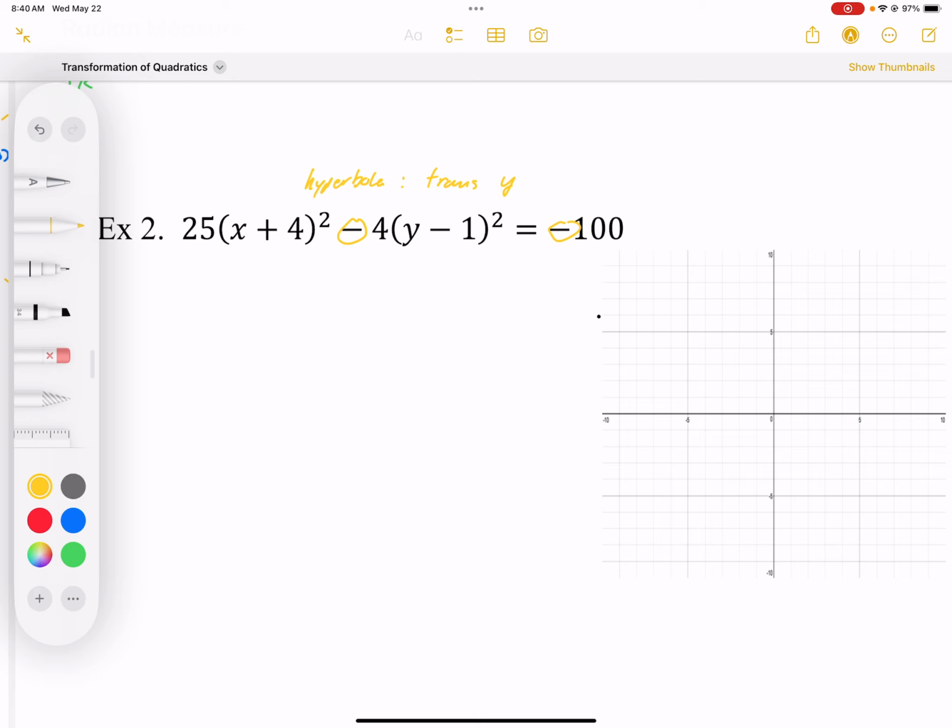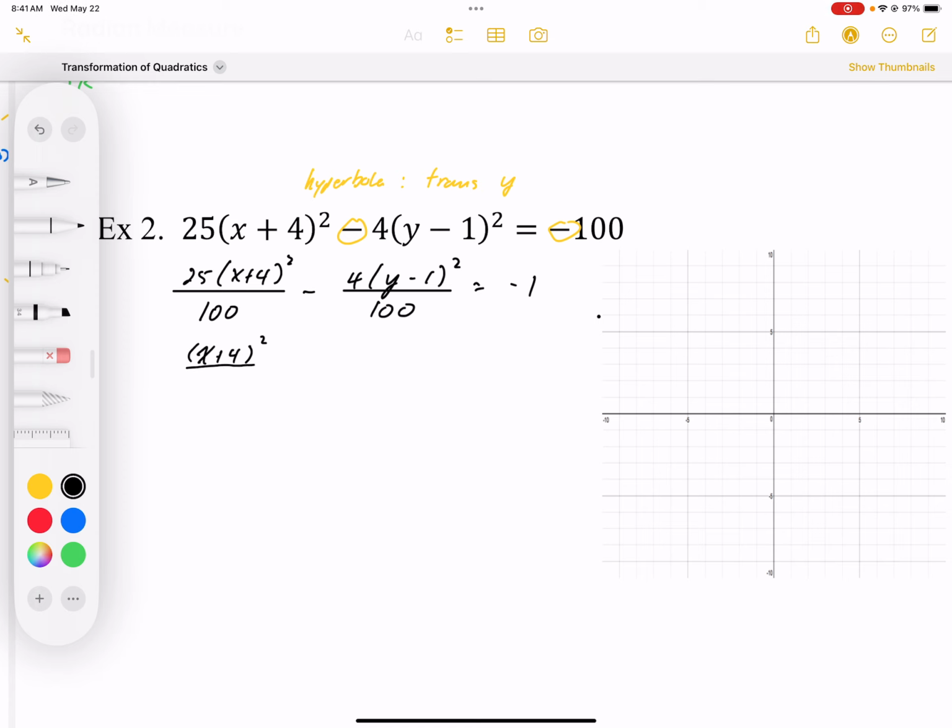So we're going to divide by 100, so we get 25(x plus 4) squared all over 100 minus 4(y minus 1) all squared over 100 equals -1. Simplify the common factor. We're going to divide that both by 25.